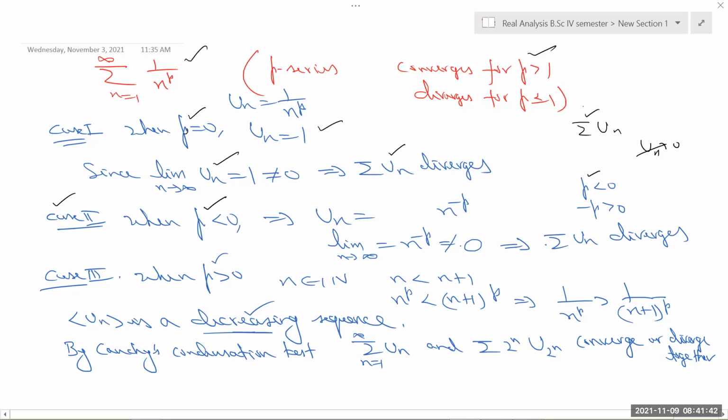So again, I can conclude from Cauchy's necessary condition that this series is divergent, for p equal to 0 and for p less than 0. So in general, for p less than or equal to 0, this series is going to be divergent. Now, what will happen for p greater than 0? Look at the series for p greater than 0.